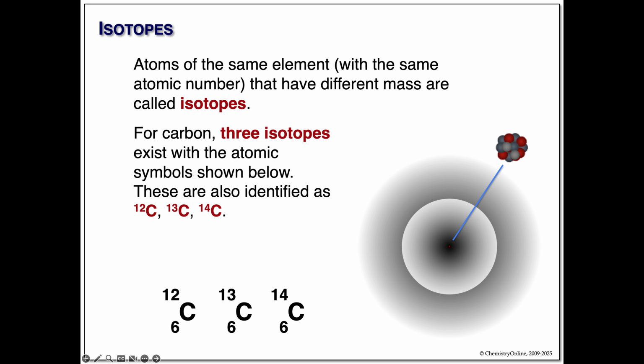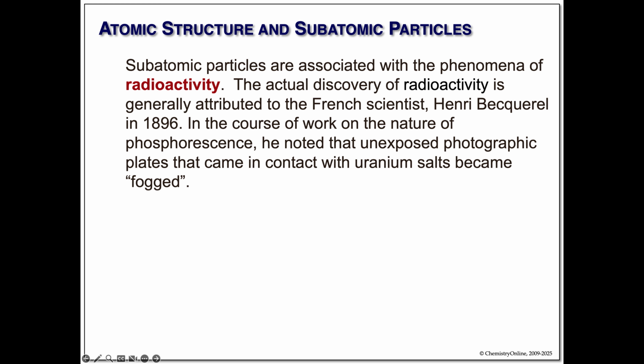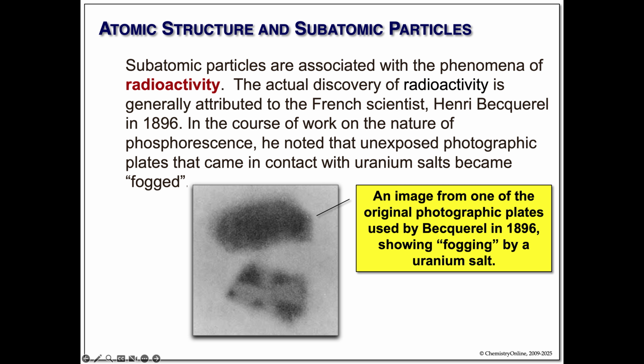Radioactivity. The first reports of radioactivity came about from a lab that was working on phosphorescence. They used photographic plates. Now, in those days, a photographic plate was a big deal because you had to pour them by hand, sandwiched between glass.